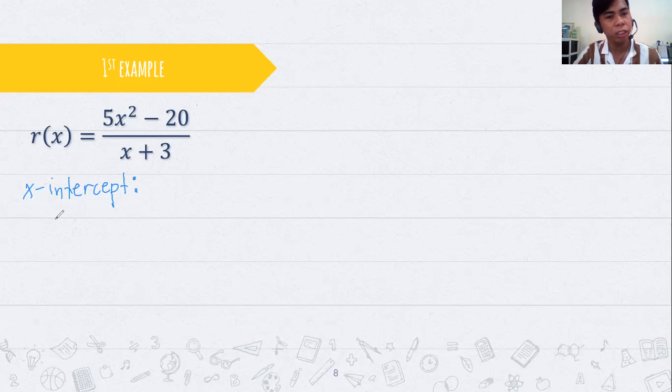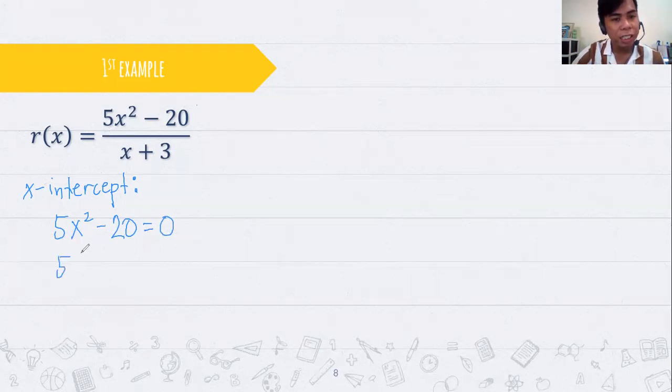So ano nga ba yung numerator natin? We have 5x squared minus 20. As I've said a while ago, we need to equate this with 0. So lagyan natin siya na equals 0. And then, kapag na-equate na natin siya, simplify further. So we have 5x squared, lipat si 20, so that would become positive 20, divided by 5, both sides.